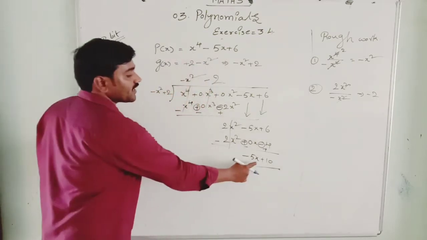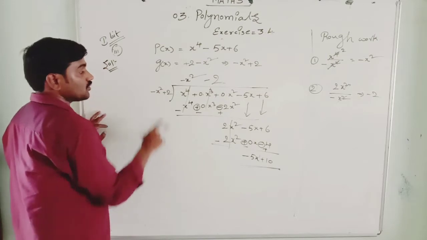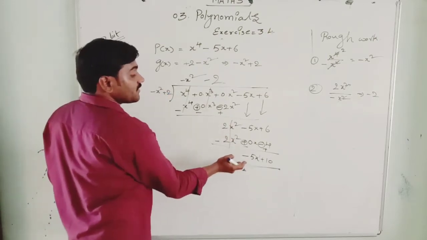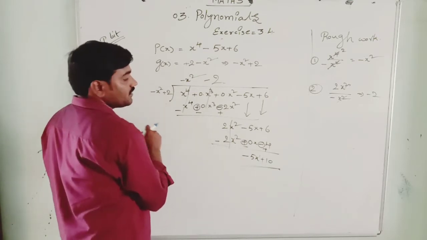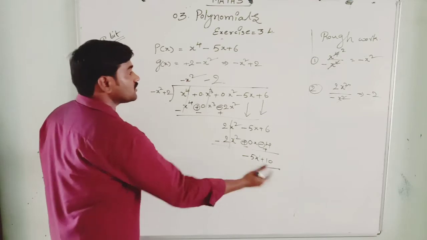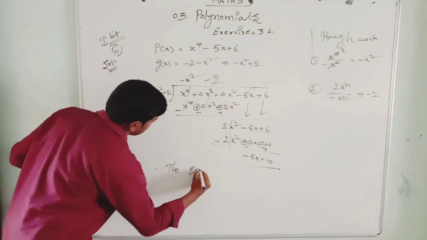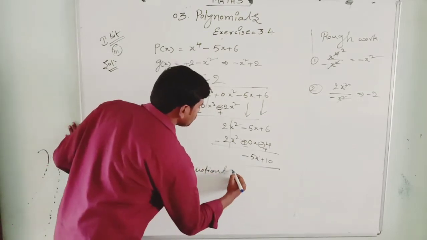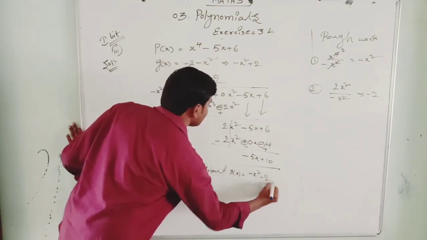Again we cannot continue, because here the power is 1 and here the power is 2. We cannot divide that again. Always the remainder should be less than the divisor. Here the quotient q of x is equal to minus x square minus 2.